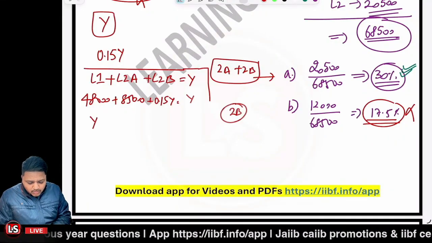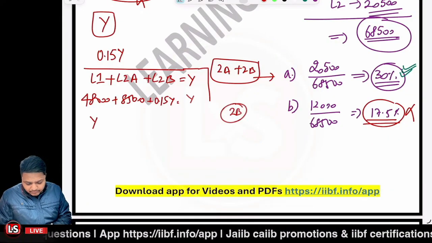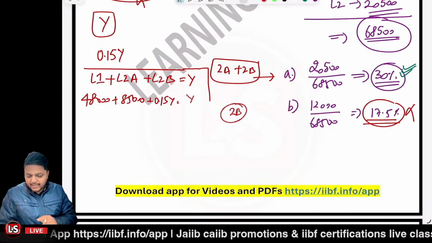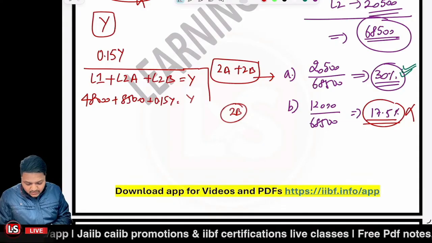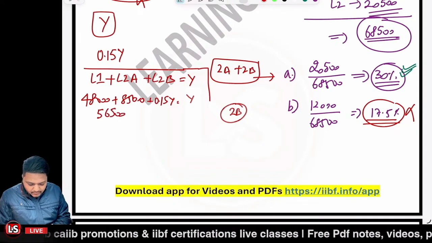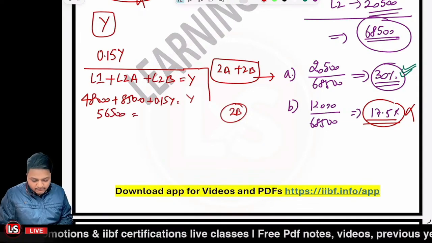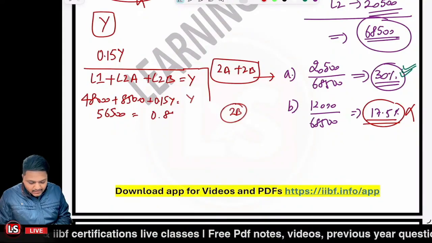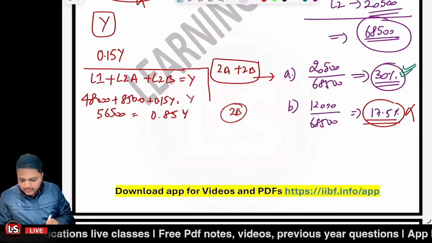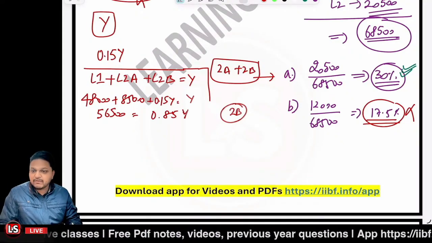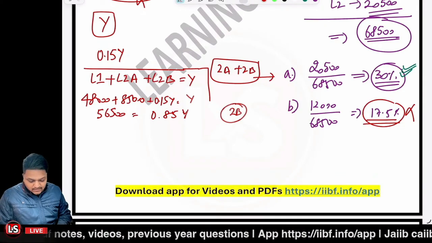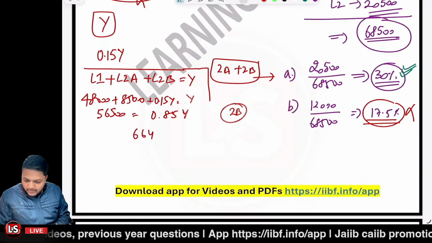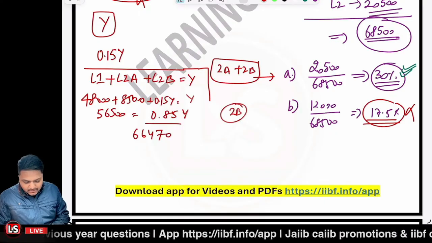That will be equal to 48,000 plus 8,500, which is 56,500, and Y minus 0.15Y, that is 0.85Y. So 56,500 divided by 0.85 is approximately 66,470.